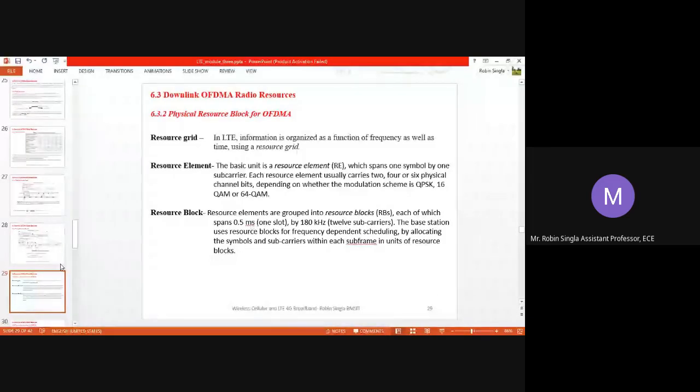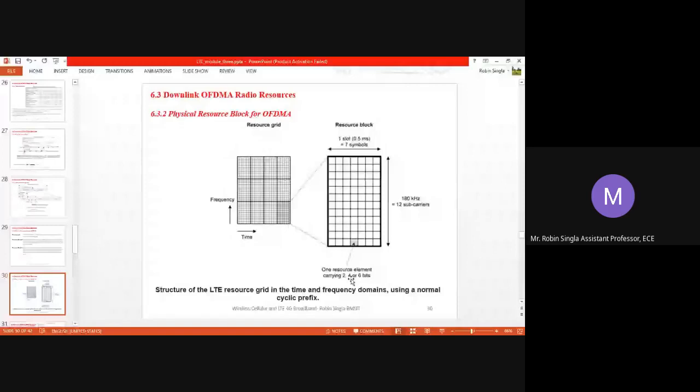For that, you see this figure first, then you will understand a little bit. Okay. This side is your time domain. This vertical is your frequency domain. This is an example of a resource grid.